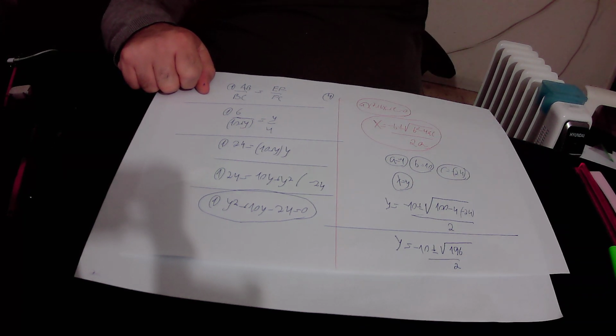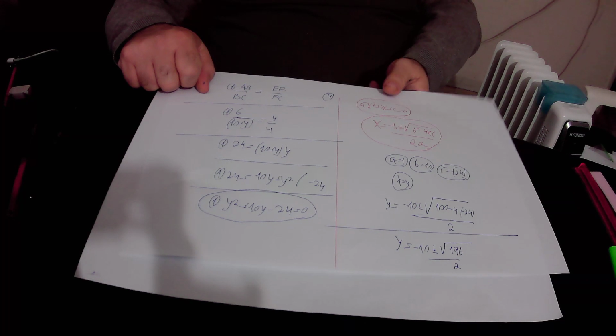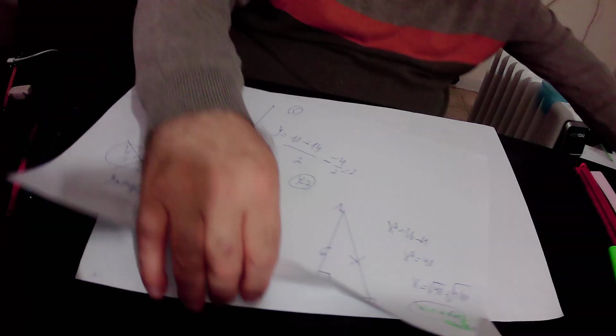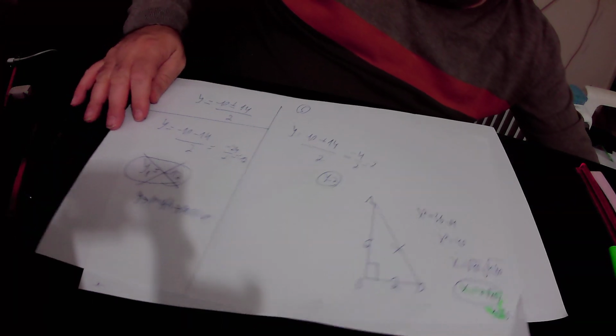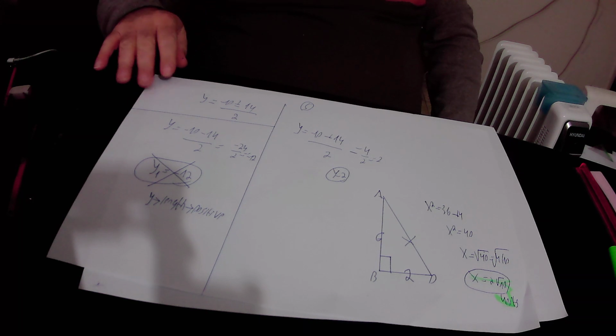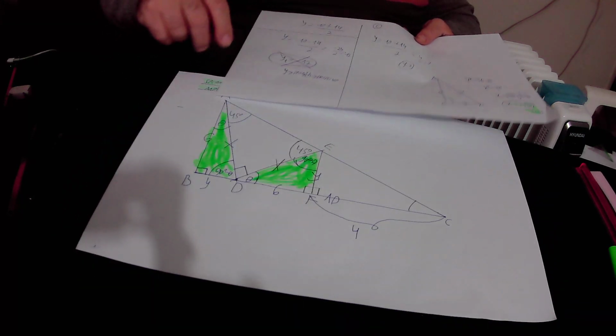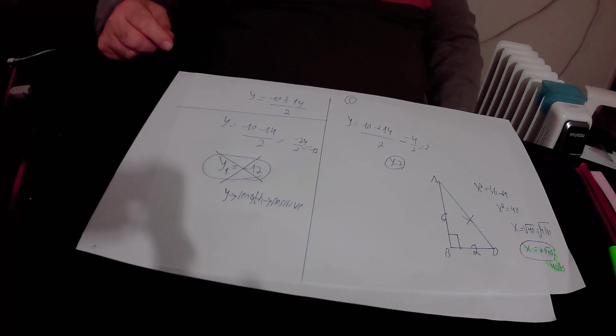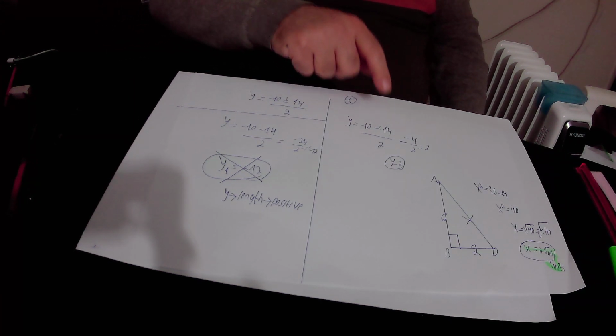Minus b is minus 10. And we found that the value of y is either minus 12 or 2. But because y is a length, it cannot be a negative number. Therefore, we are left only with the solution that y equals 2 units.